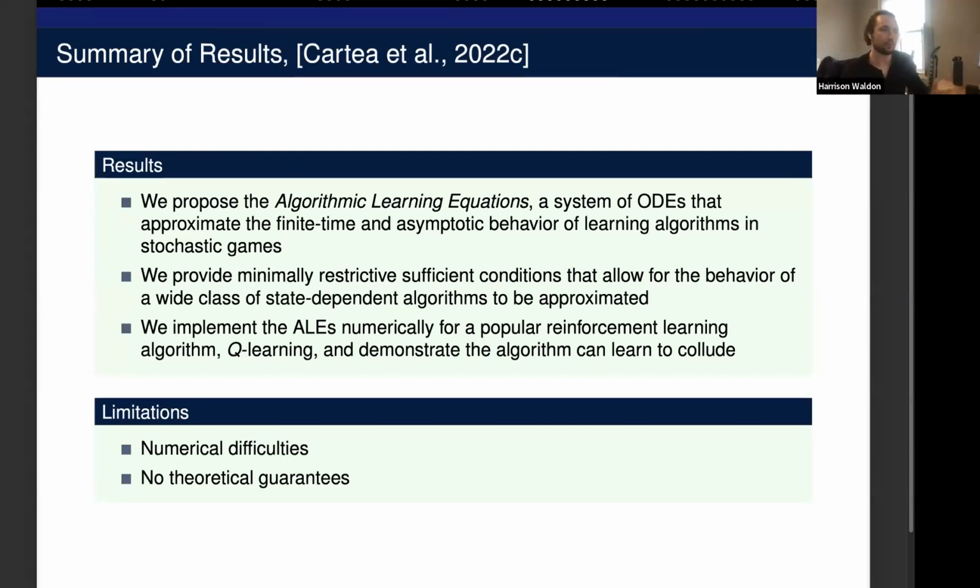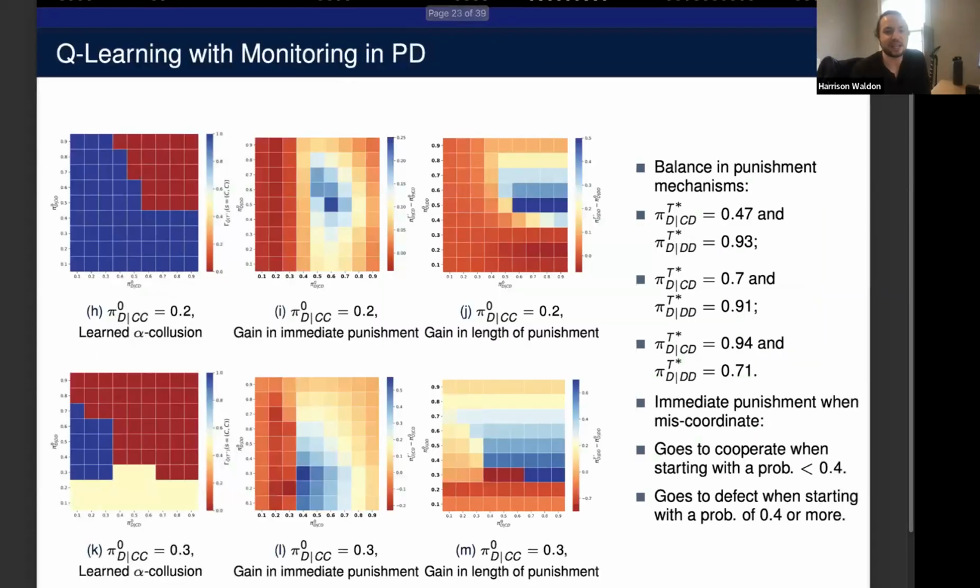The methodology we use to arrive at this is stochastic approximation, and we provide minimally restrictive sufficient conditions that allow for the behavior of a wide class of state-dependent reinforcement learning algorithms to be approximated. And we implement the ALEs numerically for a popular reinforcement learning algorithm, Q-learning, and demonstrate this algorithm can learn to collude.